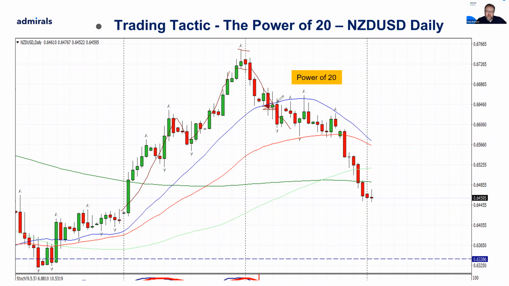Even though it touches it, it can't close above the 20. It comes back a couple of times and puts in pin bars as the 20 starts to slope over and away. Price comes down again, hits the 50, bounces up, puts in a small rejection candle as the 20 has turned down, and you can see for yourself the price absolutely collapses there, on the daily chart of the Kiwi dollar.